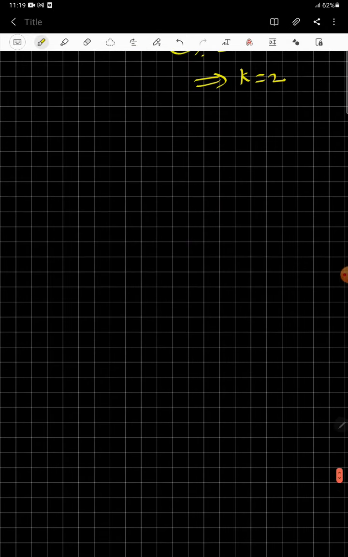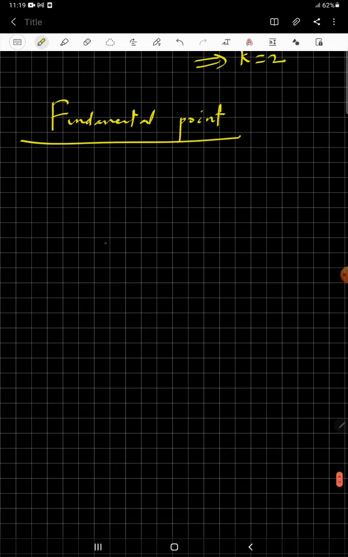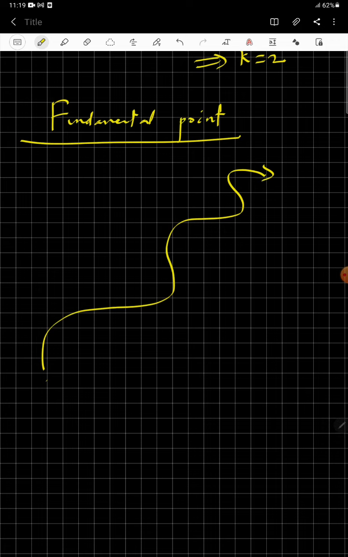Now one fundamental point that you have to understand is that if there is any curve, then that curve will have points x and y.